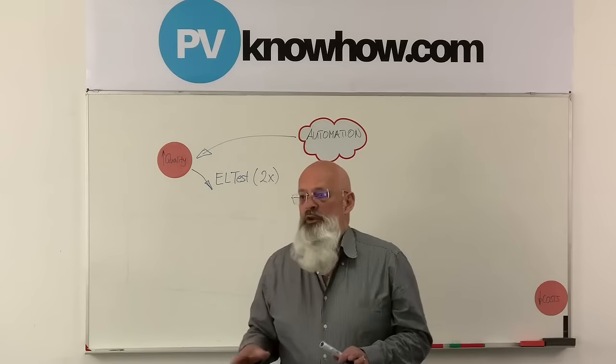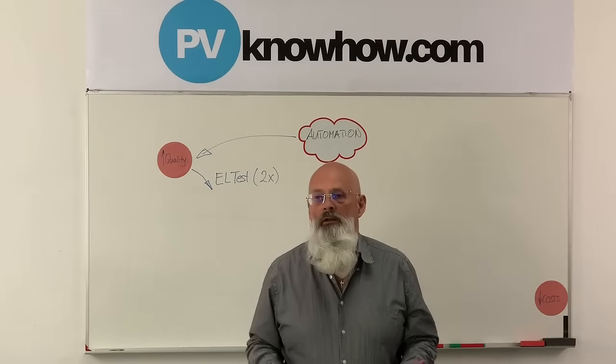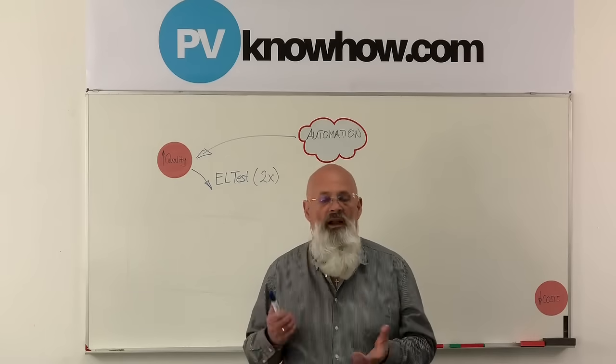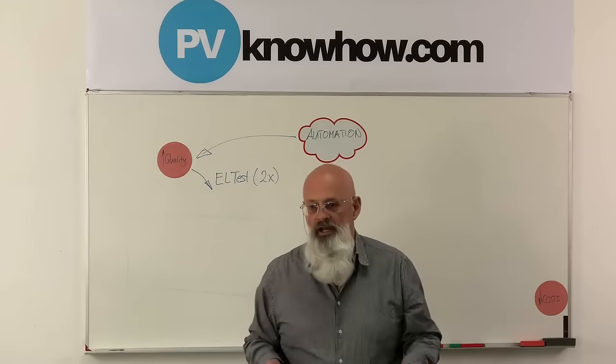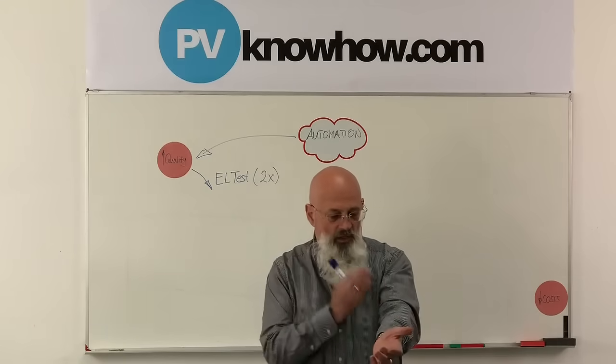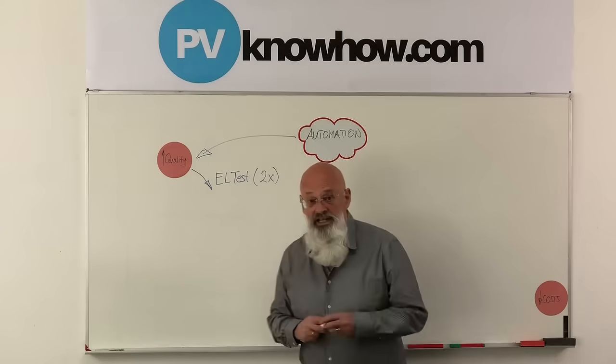EL test, I don't want to explain now artificial, I just give you a very simple explanation. It's a little bit like an X-ray. When you go to the doctor and you have a broken hand, for example, you go to X-ray and you see, oh, it's broken, you see how it's broken. The same you can do with the EL test.